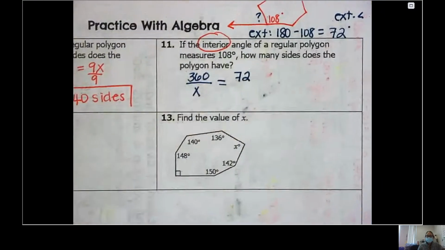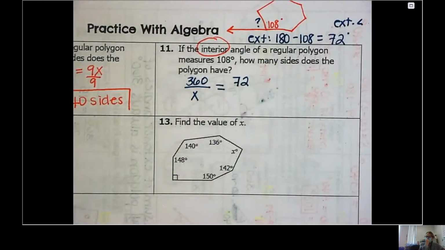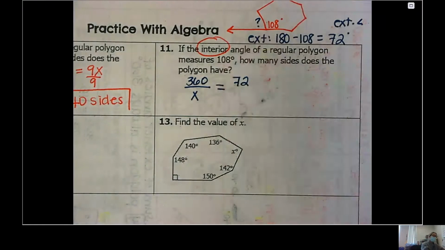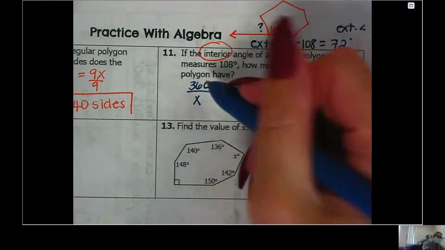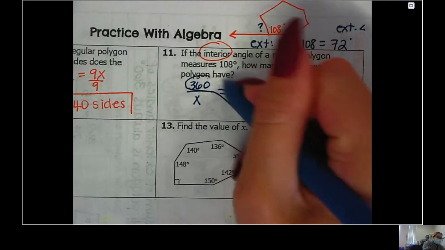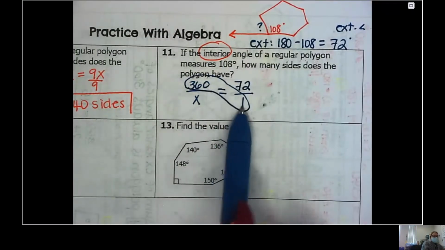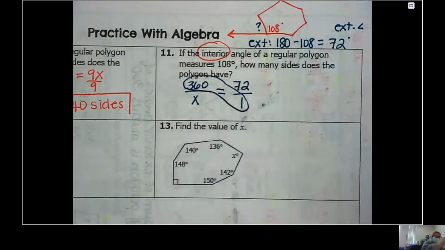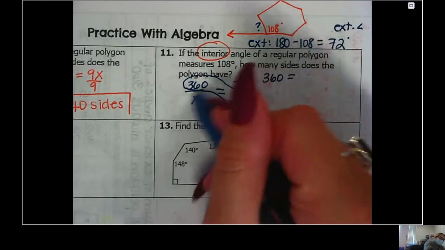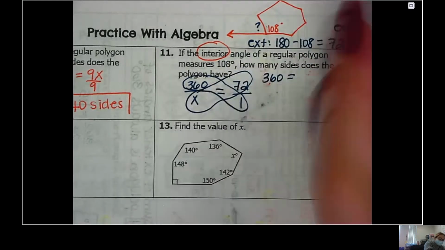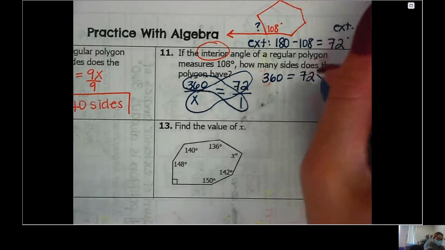So what should I do? Put it over 1, and then I cross multiply. Easy peasy stuff. So 360 times 1, let me give you a little hint, that's never changing. 360 equals 72 times x, which is good.